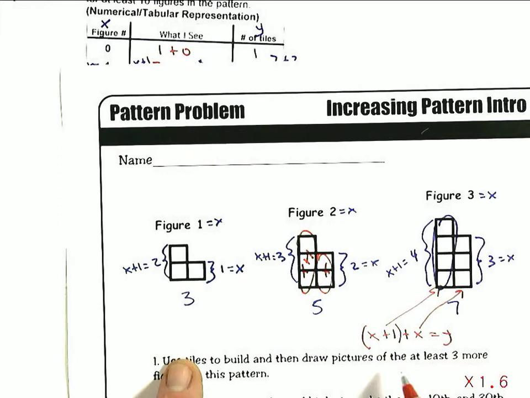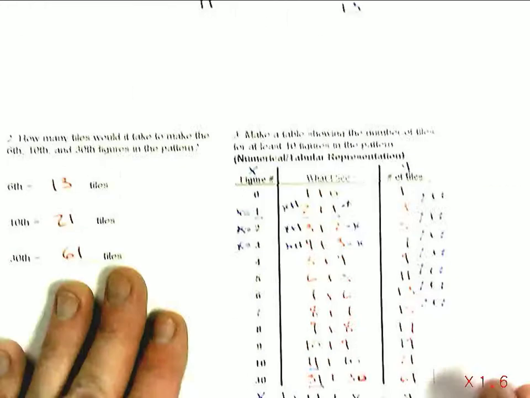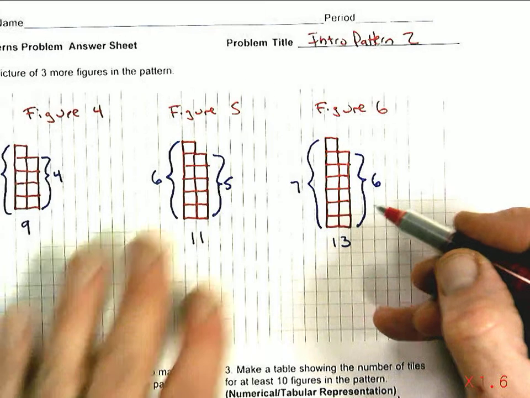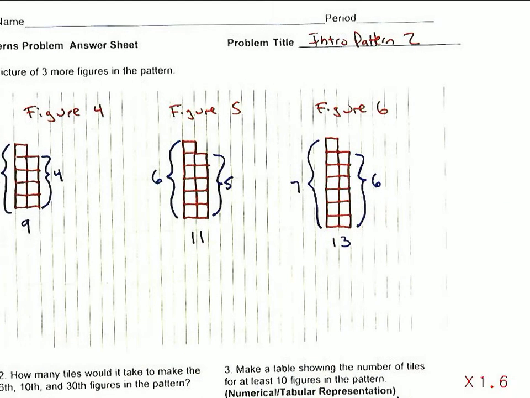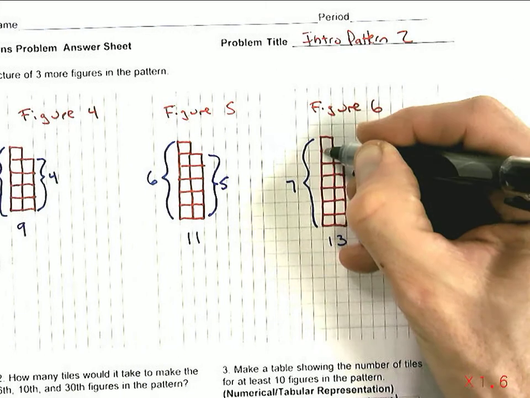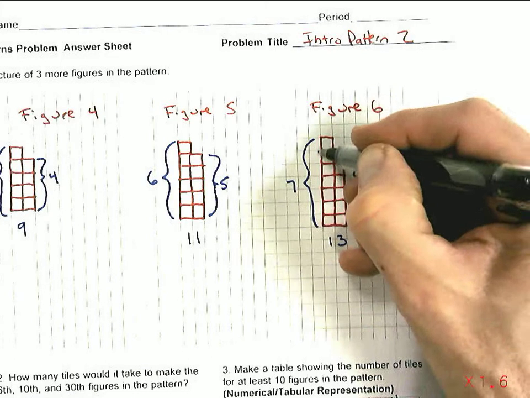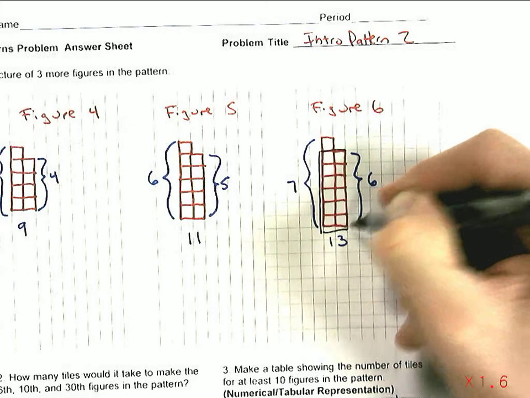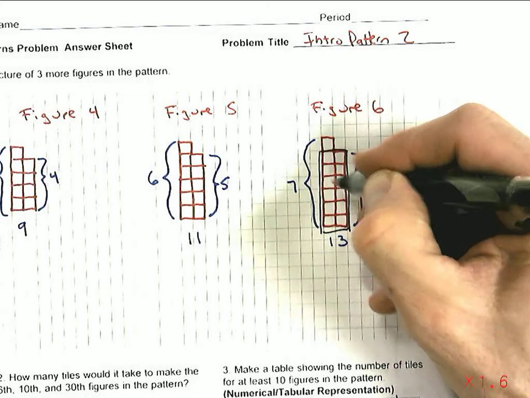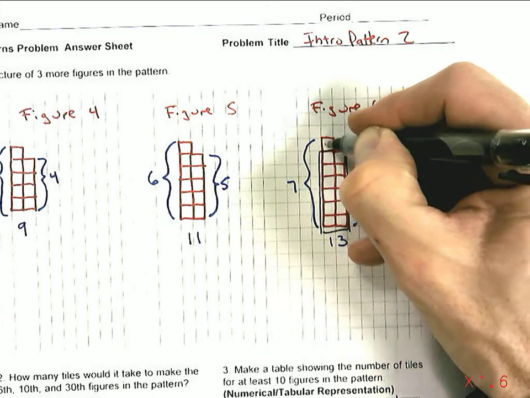Now some people like to write this equation a little bit differently, because there's more than one way to think about this. You can think of this as two sets of x. All of this is equal to x, and here's another x, and then plus the 1 on top.